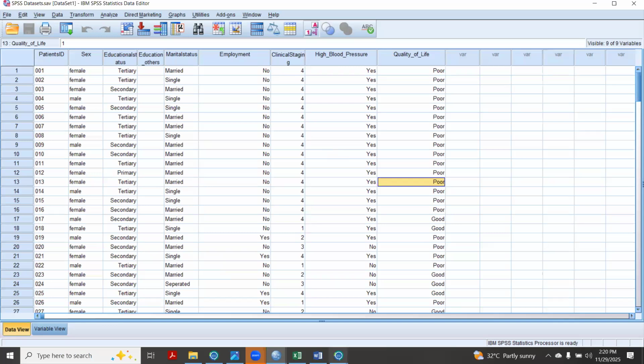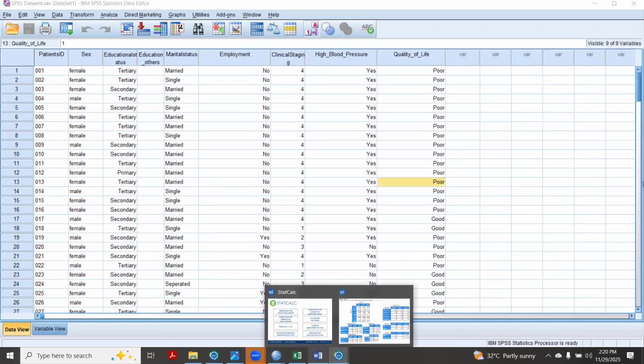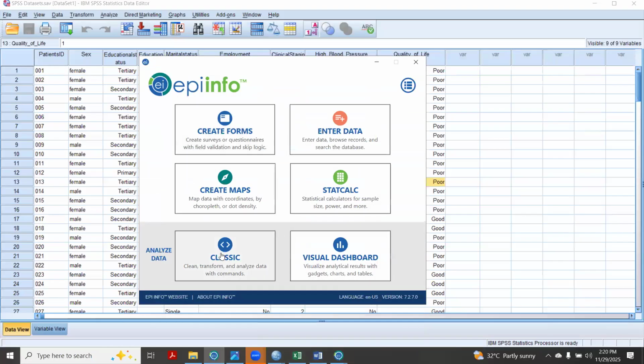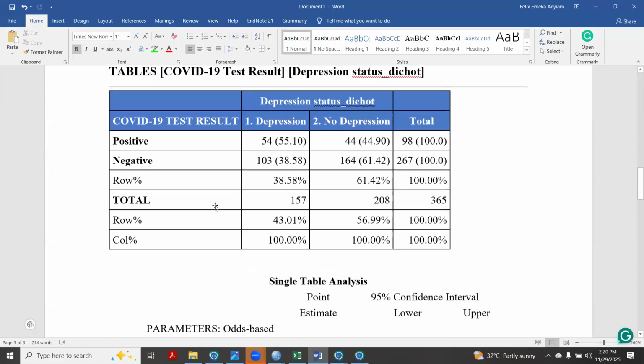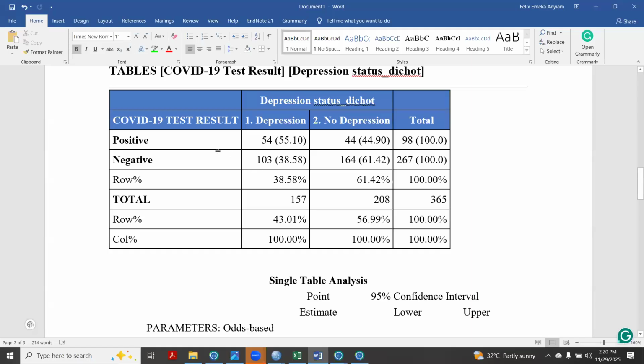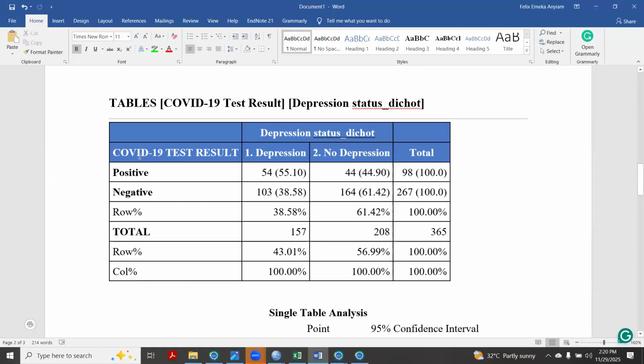All right. Now, in this Epi Info example, let's do that analysis again. Sorry, let me see if it's in my Word. It's here. Okay, fine. So if you look at this analysis now, we did COVID-19 test result and depression status, but it's just the COVID-19 test result. We didn't also test for other things.